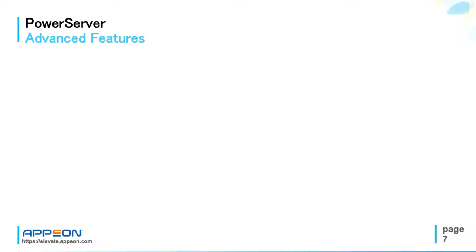I want to start with a set of PowerServer advanced features that you can leverage, including the Appeon workaround PBL into your workspace. The next slides will explain how you can make your PowerServer application interact with PowerServer itself and acquire runtime information.